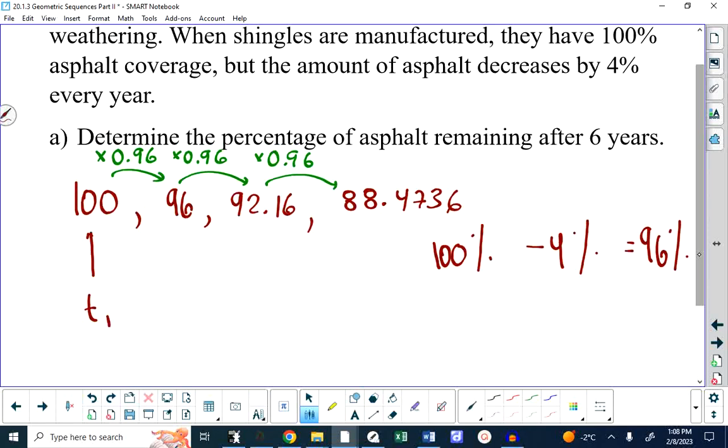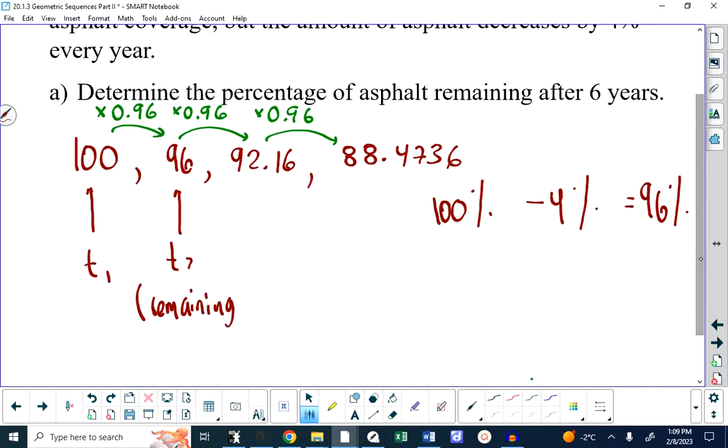T1 is the amount of asphalt you have at the beginning of the year. T2 is the amount remaining after 1 year. So we have the exact same issue that we had with the previous question.